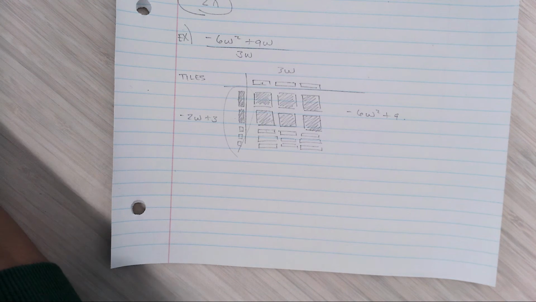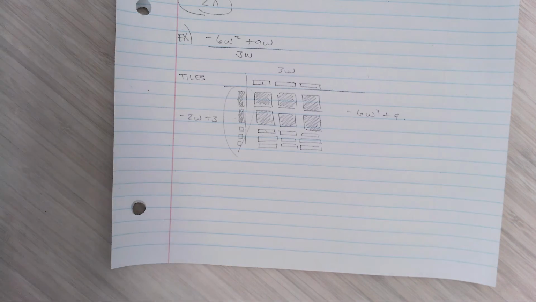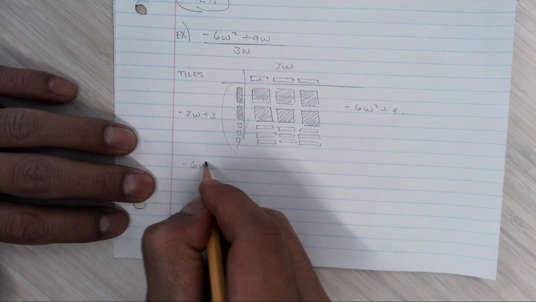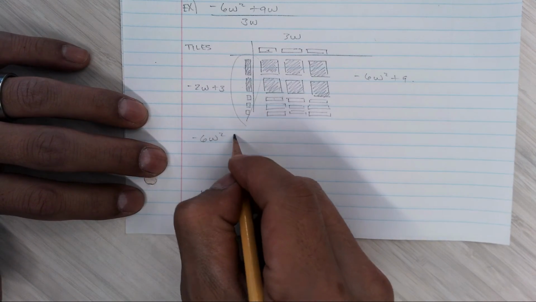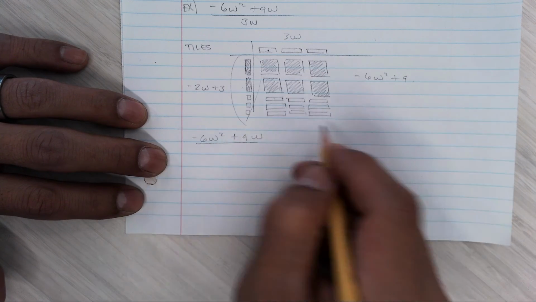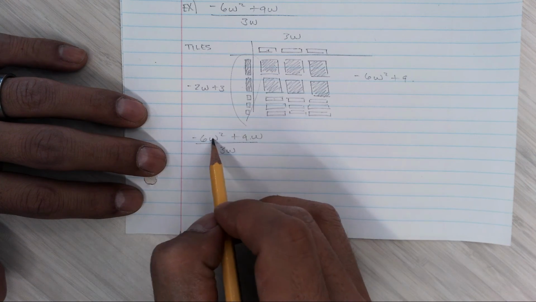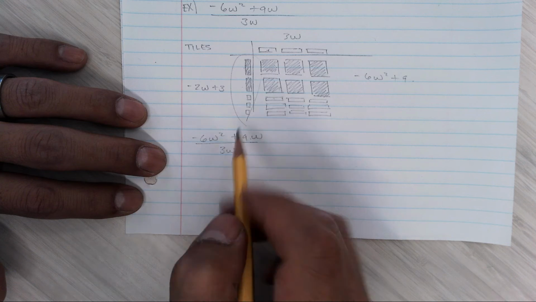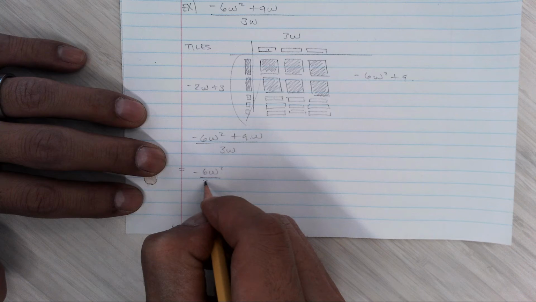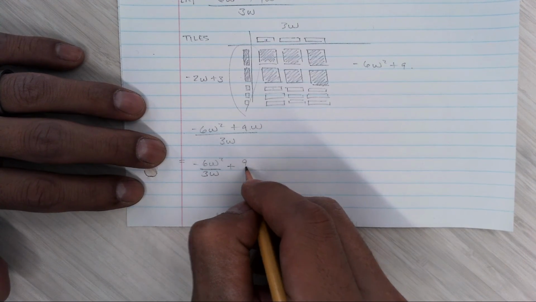So how do you do the polynomials for this? Okay? So here we go. Negative 6w squared plus 9w, dividing that by 3w. Well, really all you're doing is taking each of these numerators up here and dividing them by this denominator. So I'm going to take negative 6w squared divided by 3w plus, in addition to, I also have a 9w divided by 3w.